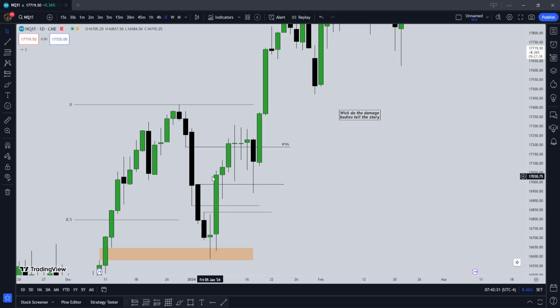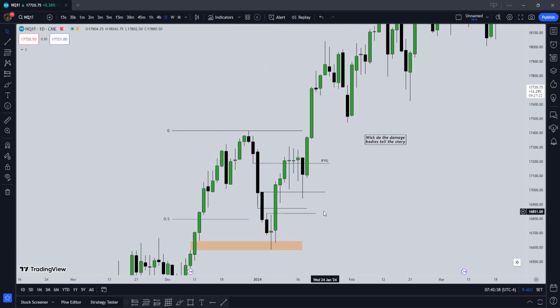The body of this candle respected it because the body closed inside of this, not outside of this, and that means it is getting respected, and that is a good sign if you're on the right side of the market.